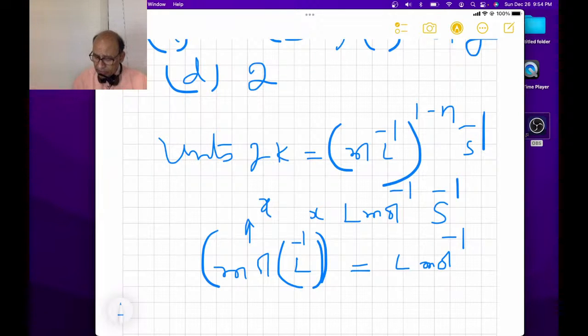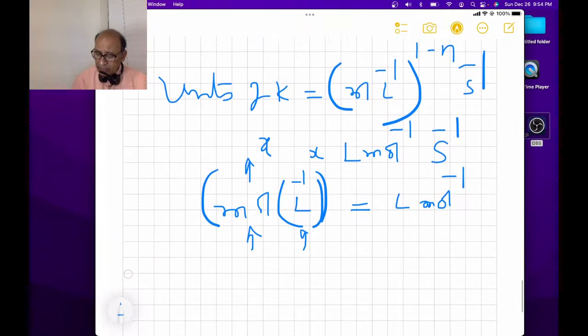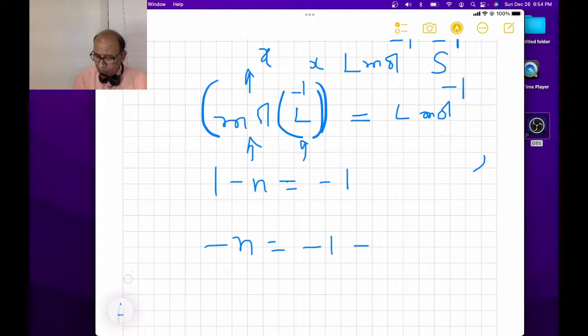If x value is minus 1, then only it would become mole to the power minus 1, then only it will become liter to the power 1. Therefore, I would say that 1 minus n is equal to minus 1. It implies that minus n is equal to minus 1 minus 1. n is equal to 2.